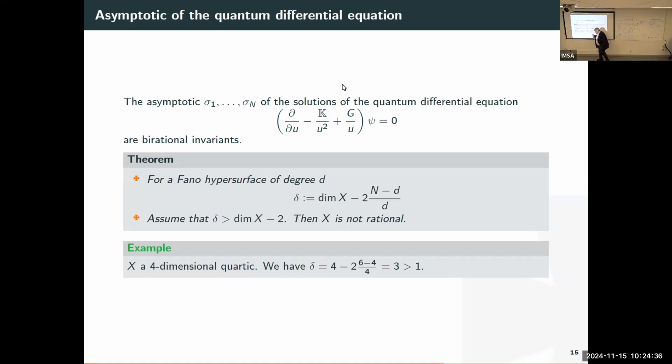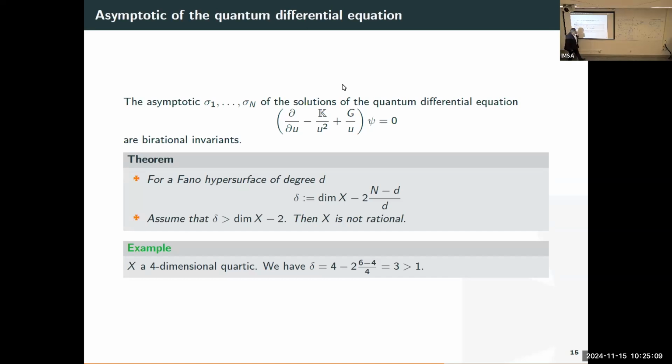The cubic is in P3, so this n needs to be 4, so 4 minus 3. N is the number of variables of the projective space where this hypersurface lives. So for a two-dimensional cubic it is 4. You have 4 variables in P3.